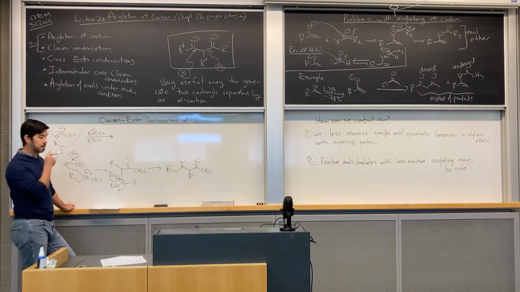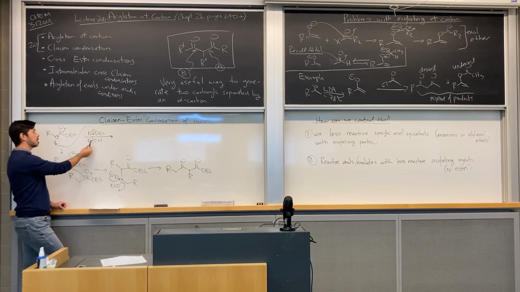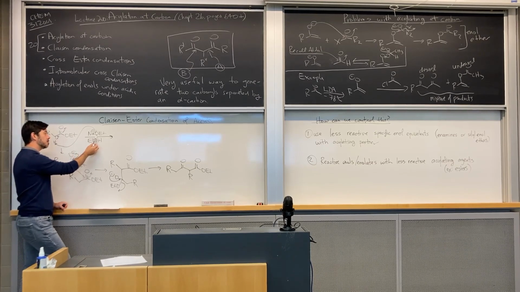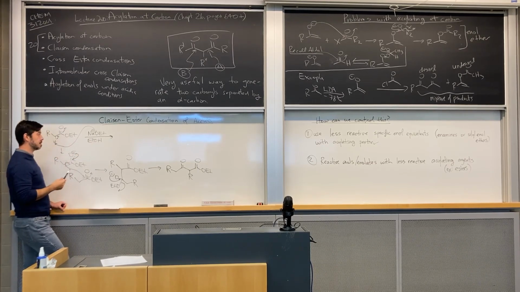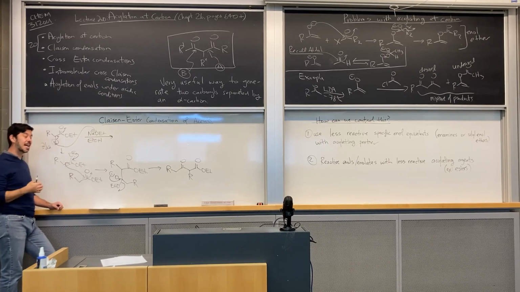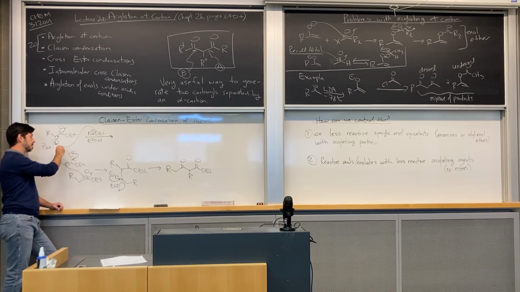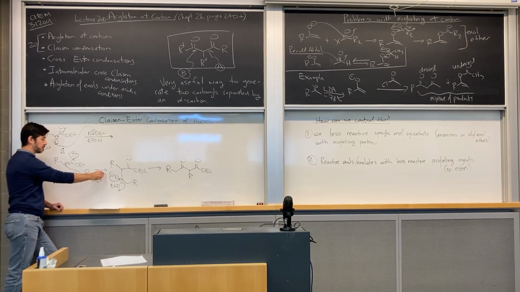Now in terms of a mechanism, when we do this first step, recall that the pKa of the conjugate acid of alcohols is around 15 to 16. The pKa of these protons here are around 21 to 22. So in terms of this being an irreversible base, it's not. It's an actual reversible base, meaning that these steps here are all reversible.